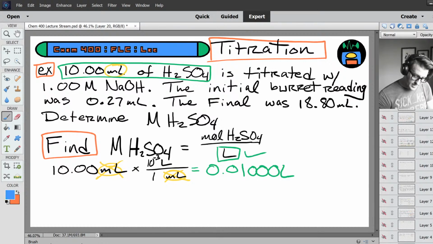We need to find our numerator, right? If we can find the moles of sulfuric acid, then we'll pop that in the numerator, and we'll be able to calculate it. I want to tell you something.